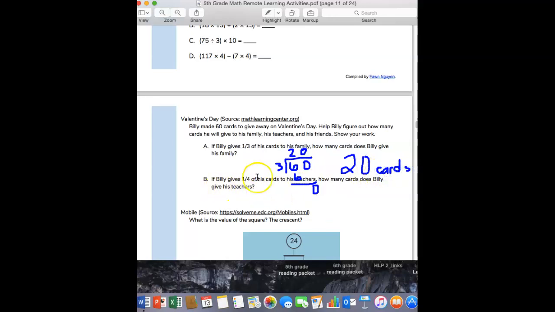Now, if Billy gives 1/4 of his cards to his teachers, how many cards does he give his teachers? Well, you know how to do that now. If we divide it by 3 for thirds, what are we going to divide by for fourths? We're going to divide by 4.